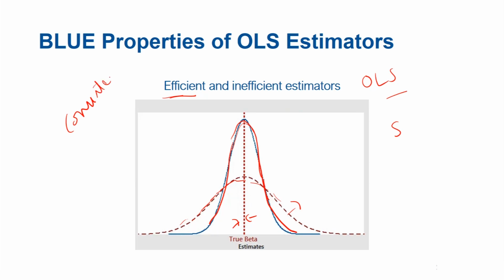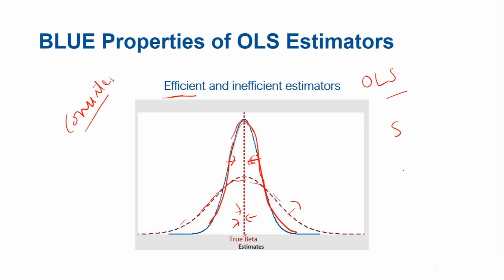What is consistency here? Consistency is that in large samples, the expected value and variance converge to the true beta. That means the estimate converges to the true beta. Its expected value becomes closer to the true beta and its variance becomes lower and lower. So essentially it converges to the true beta in large samples, which is called consistency.